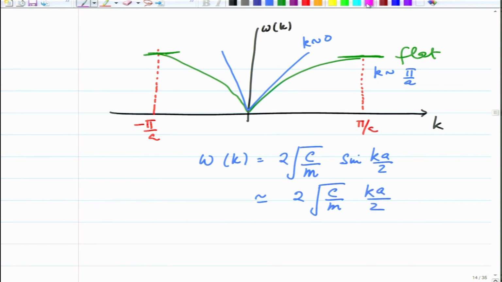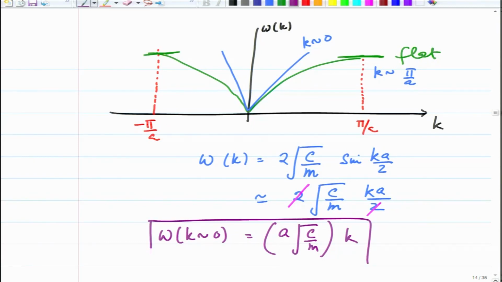I will cancel these 2, and you get omega k near 0 as a root c over m times k. As we said earlier, it is linear, and obviously near the Brillouin zone it is flat.